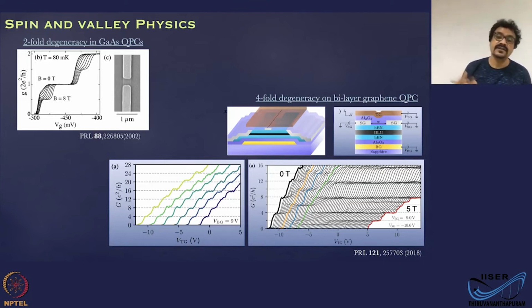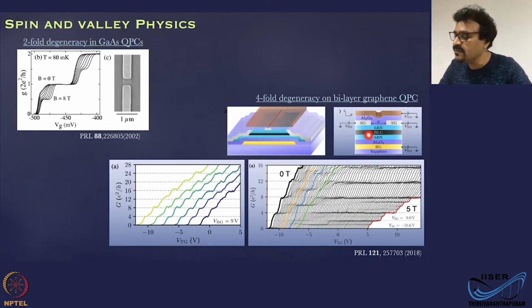Any other degeneracy is going to provide additional channels, such as valley. This is from a bilayer graphene quantum point contact, where you have a thin sheet, two layers of carbon atoms, BLG, bilayer graphene, which is sandwiched between two insulating two-dimensional layers, that is hBN, hexagonal boron nitride.